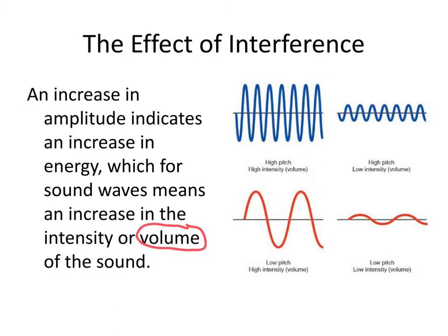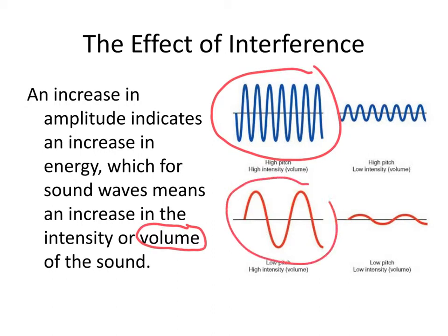Here we can see a drawing of what a sound wave would look like if it were a high-pitched sound. Like an ee sound would be high pitch. Lower pitch, or lower frequency, would look something like this if we could see it, a low frequency, low pitch sound. Of course, we're drawing these as transverse waves.